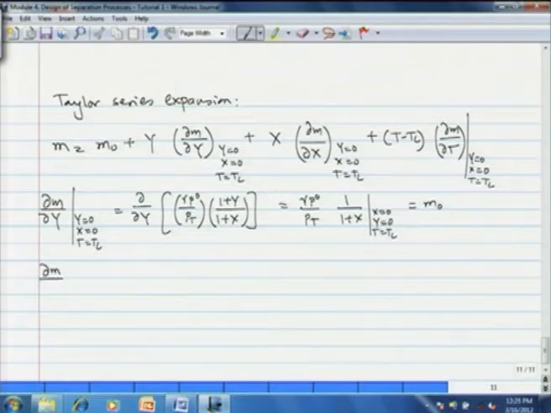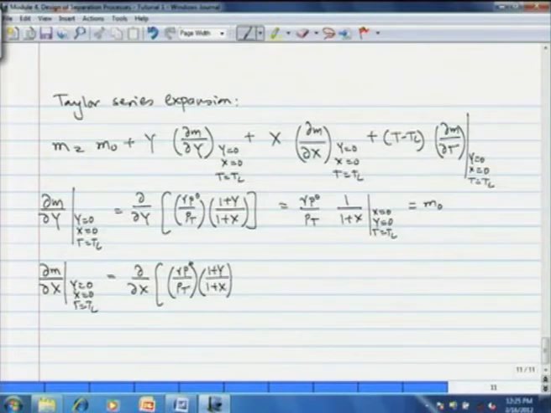Then similarly the second derivative, dou m by dou x at y equal to 0, x equal to 0, t equal to TL. Then here we substitute for m, and then we get this.